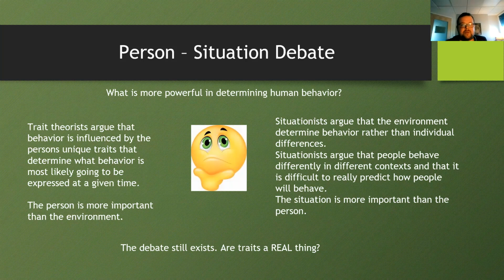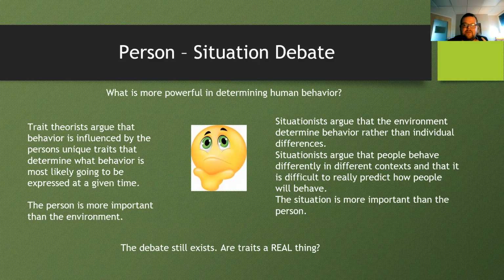And so with that, that's why we have these debates on whether the person is really in charge of how they're going to express their personality, or is it going to be the situation? Now, really, most likely, the answer to this is that it's a spectrum. That's really what I want you to take away from trait theory: there's going to be a spectrum where, yes, there's going to be times when our own personality is going to trump the environment, and vice versa.